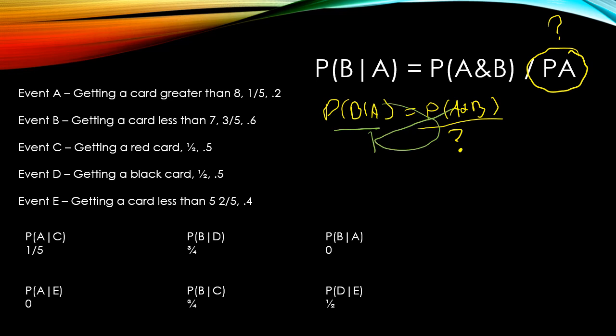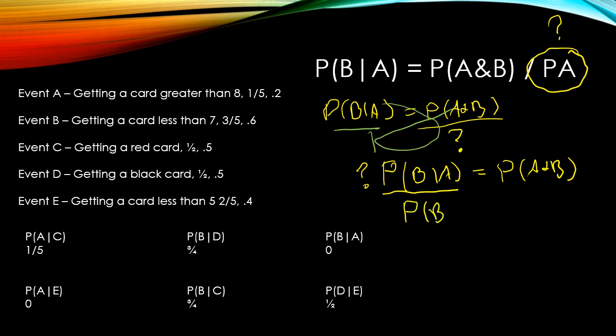So we would get that our question mark times probability of B given A equals the probability of A and B. And remember, we're just moving things around following the rules. If we divide both sides by the conditional probability, we can solve for the probability of A.